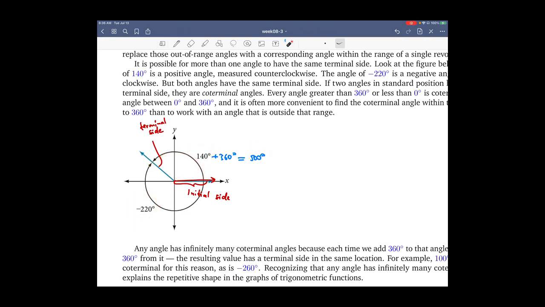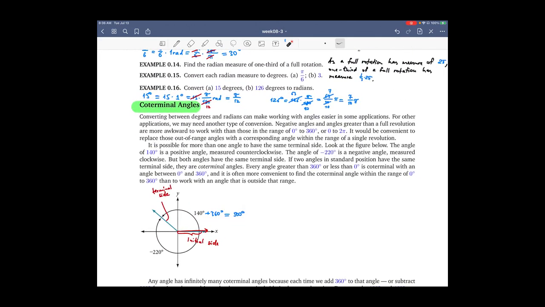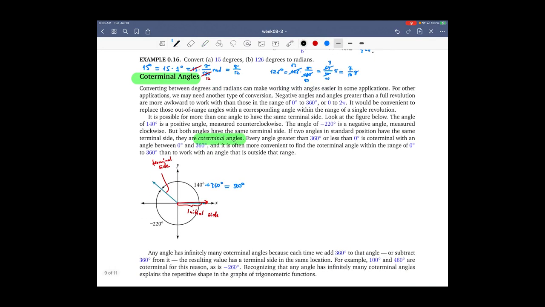So any such two angles that when drawn in standard position have the same terminal side are called coterminal angles. So here we see that the angles of 140 degrees, negative 220 degrees, and 500 degrees are all coterminal.